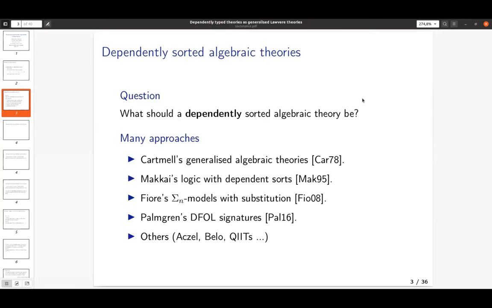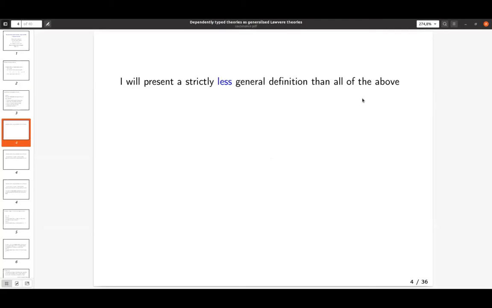There are many syntactic approaches to this, and I've listed some of them here. And there are others that I know less well, including answers to this question which are formulated internal to type theory, like quotient inductive types. But what I'm going to present today is a strictly less general definition than all of the previous ones.